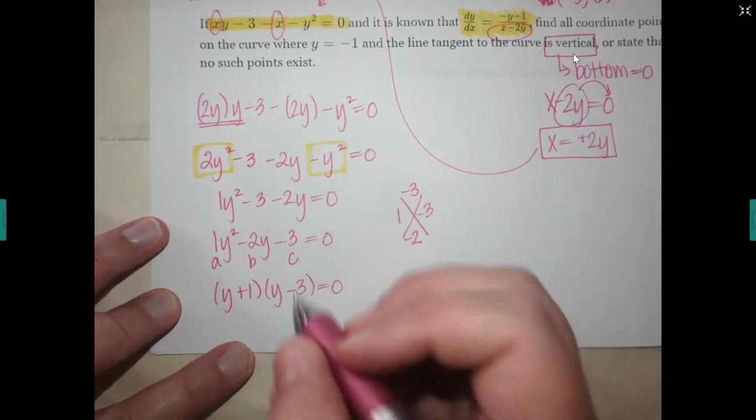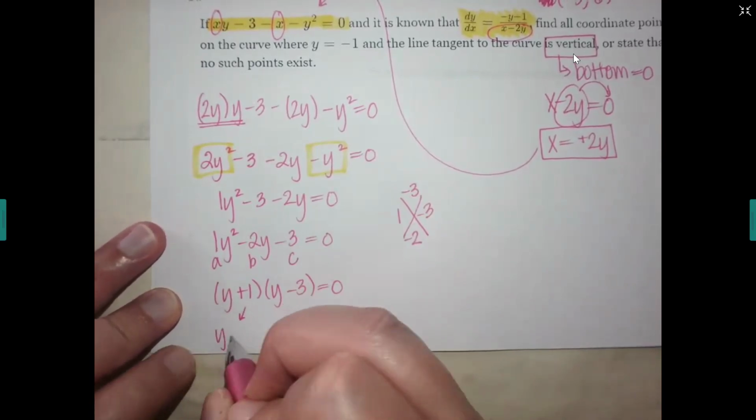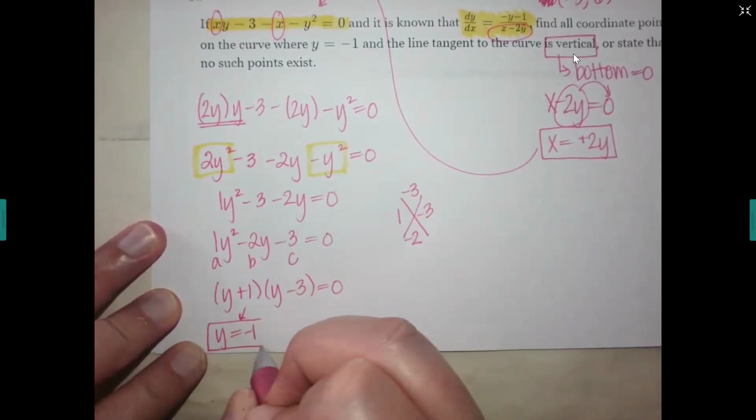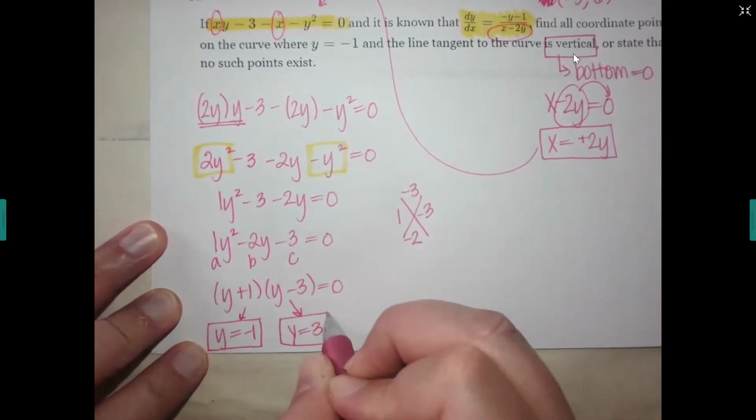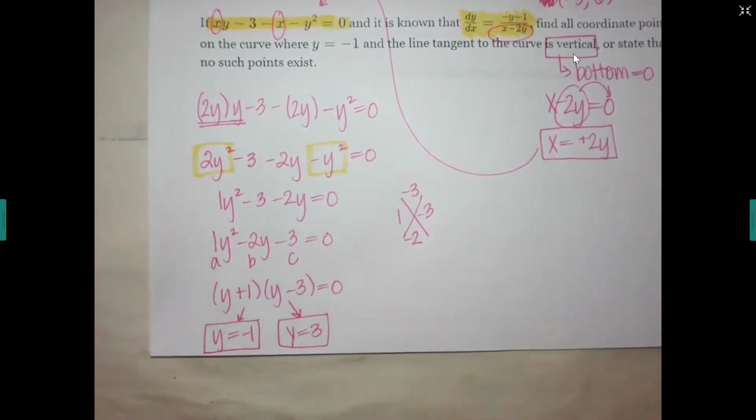Okay, then from there, we know our solutions will be the reverse. So y could be -1 or it could be 3. Now, if it's wanting a description, just giving y values is fine. But since it is asking you to actually find the coordinate points, we need x's and y's together.